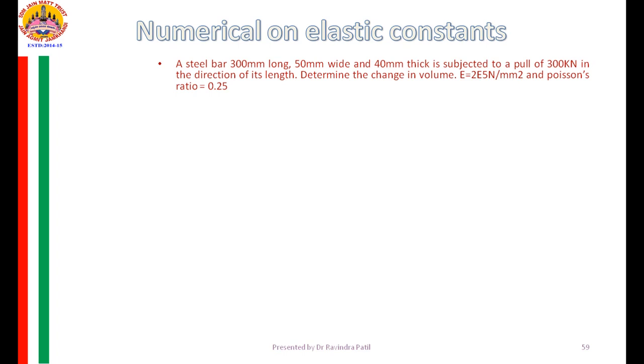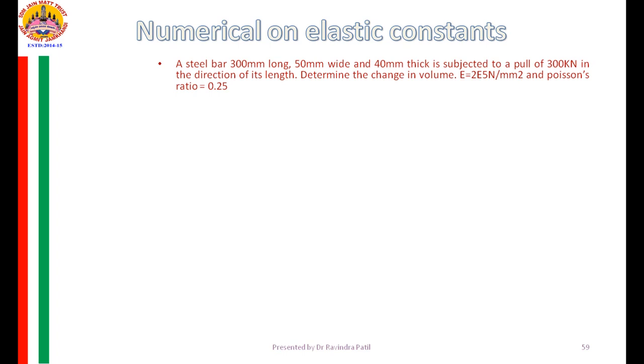Yes, the first numerical: a steel bar 300 mm long, 50 mm wide and 40 mm thick, is subjected to a pull of 300 kilonewton in the direction of its length.